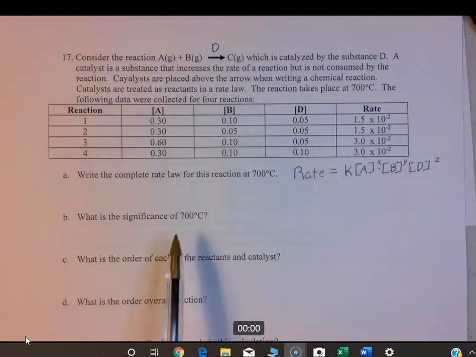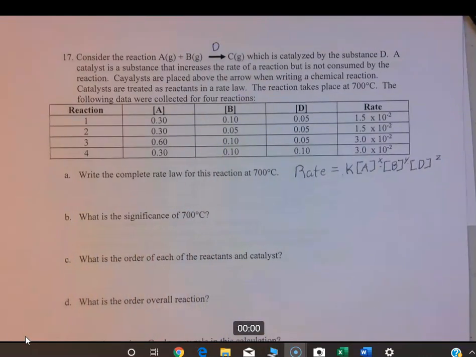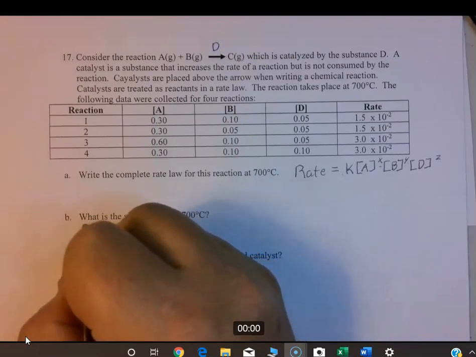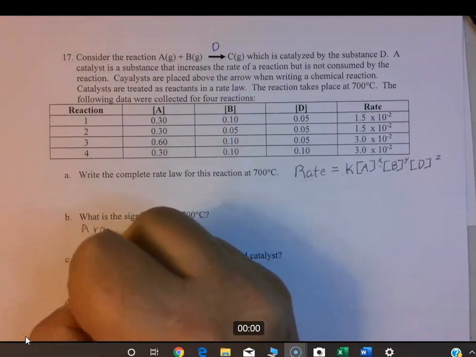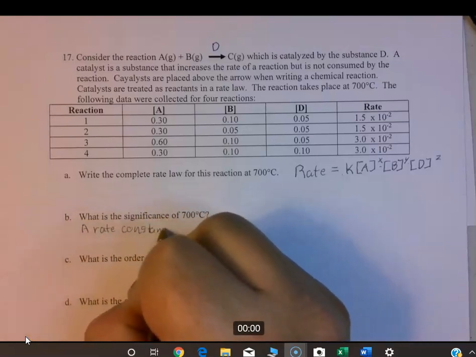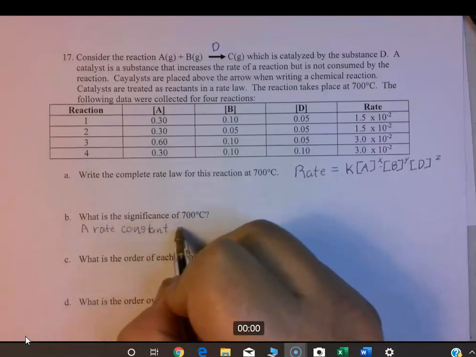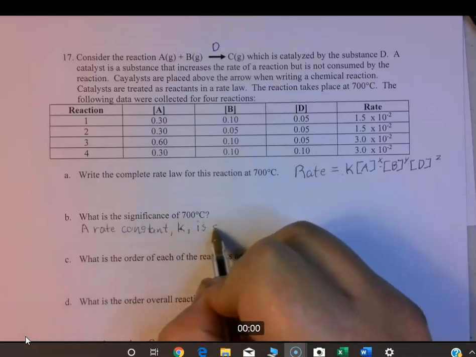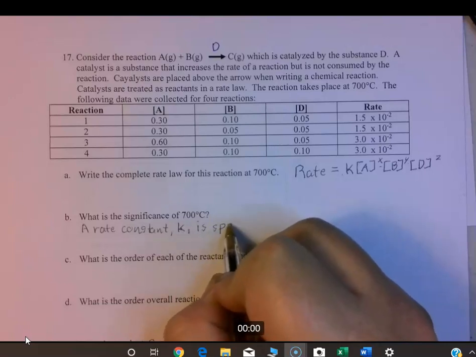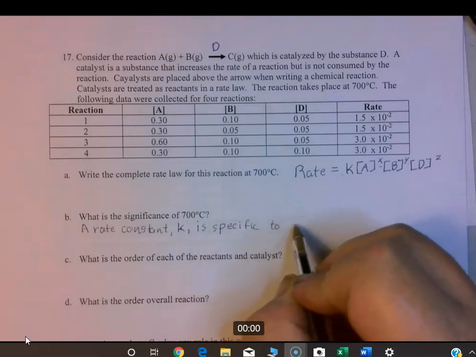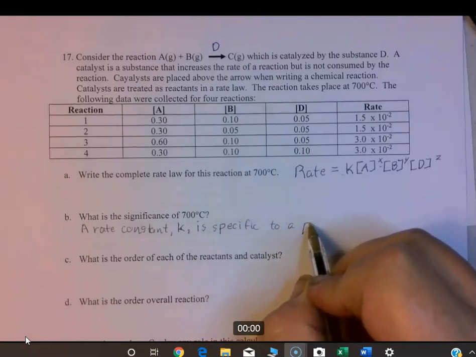All right, so we're going to do that. What's the significance of the 700 degrees centigrade? The significance is that a rate constant K is specific to a particular temperature.